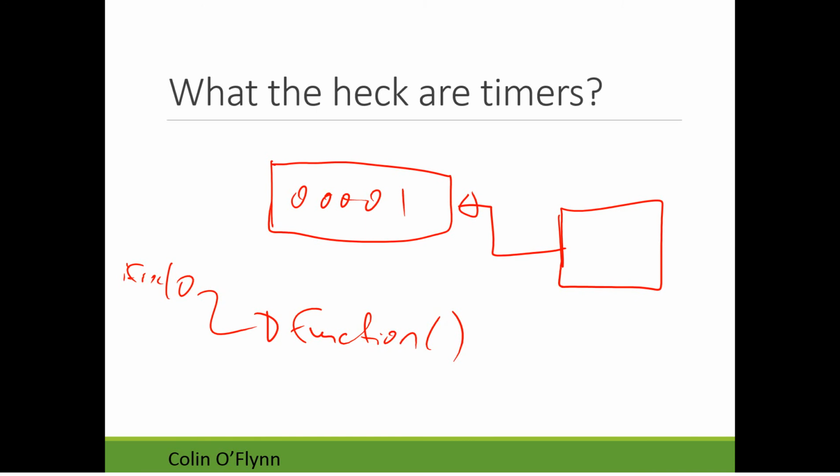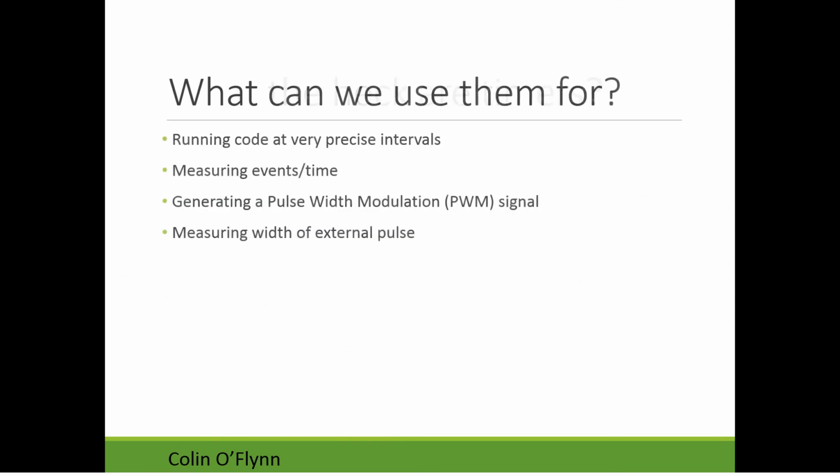You don't have to worry as much about, in your main loop, saying, okay, did I run this function often enough or not? You just know it's always run every 100 milliseconds. You'll also use them for generating a pulse width modulation, so PWM, signal. In the motor control lab, you use one of the function generators to give you a PWM signal, but instead you can use the AVR's output to give you these PWM signals.